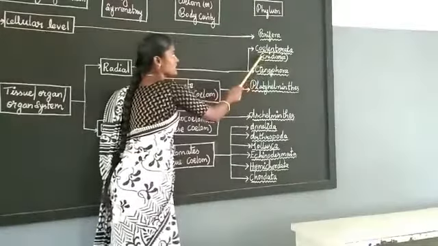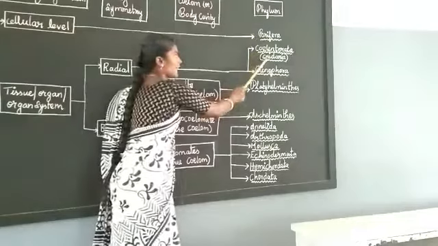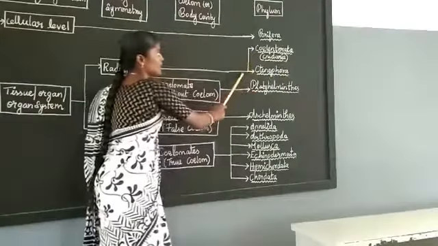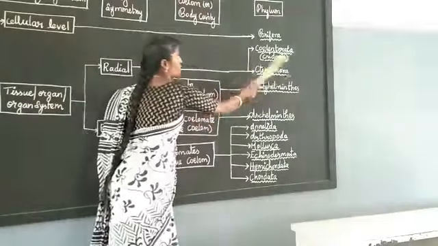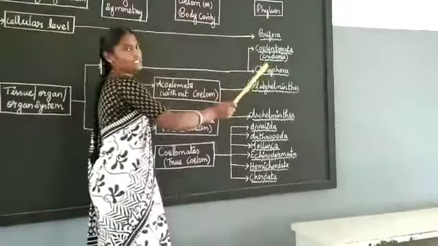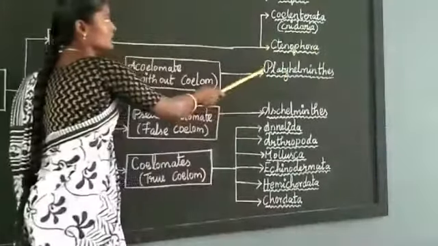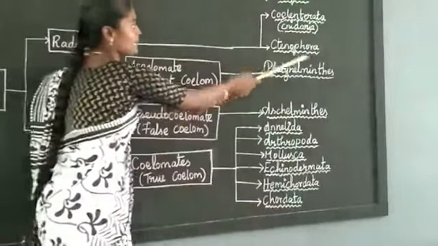Here the first letter C is silent, so we have to pronounce it as Cnidaria. And the third phylum, Ctenophora. Similarly, here the first letter is also silent. It is called Ctenophora. Then the fourth one is Platyhelminthes.